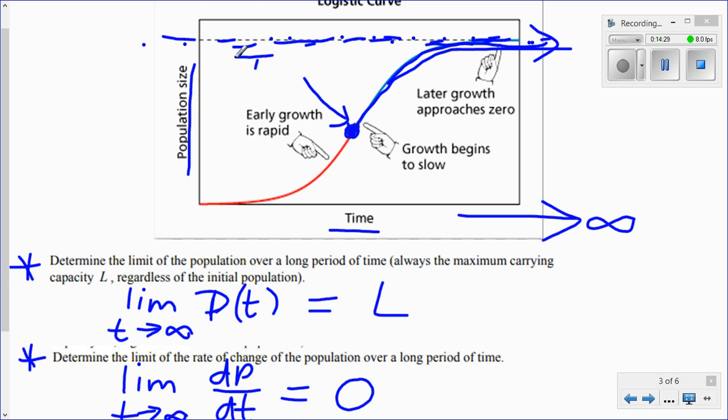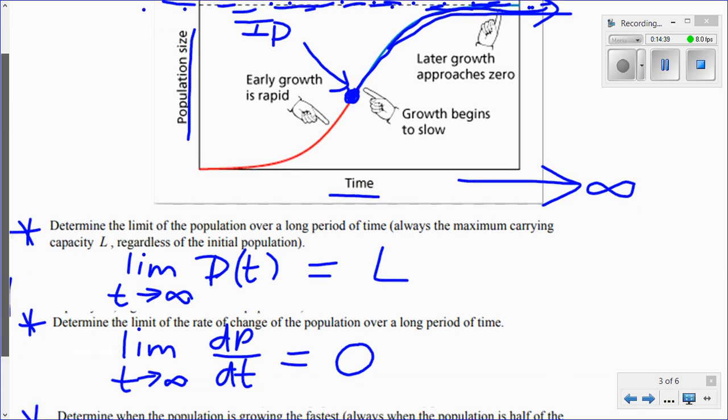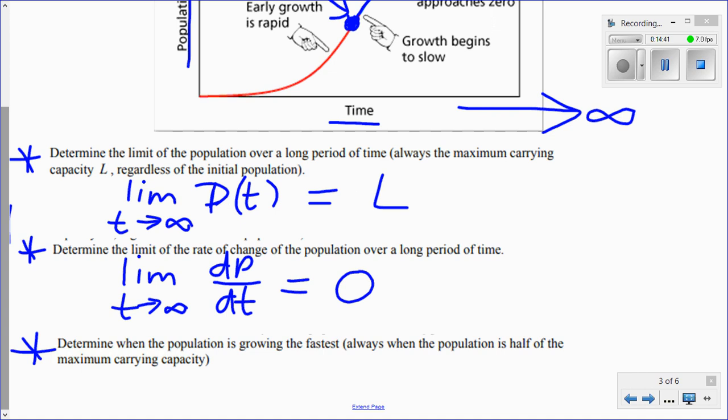So there's an inflection point right here. And the inflection point represents, I can scroll down, when the population is growing the fastest. And it's always when the population is half of the maximum carrying capacity.